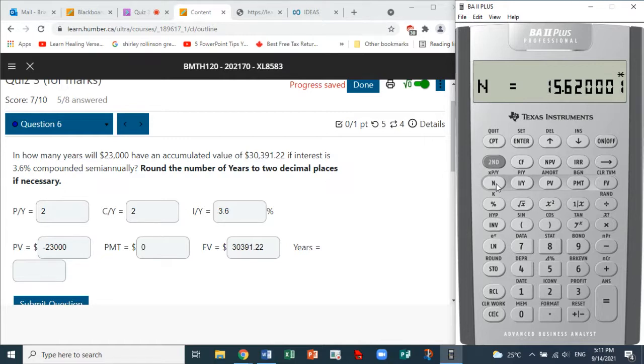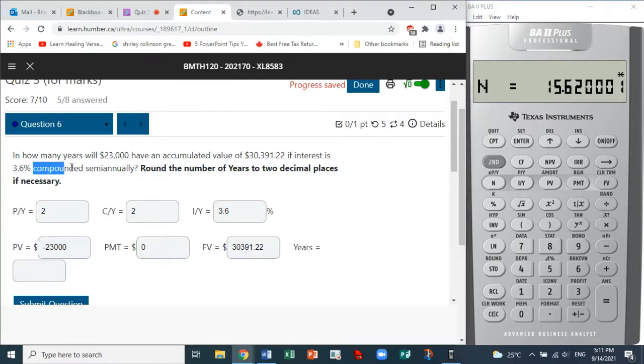Now, what is N? The compounding is semi-annually, so it is done twice per year. If we divide by 2, meaning one of these values, this 2 or this 2 here, then we should get the number of years.